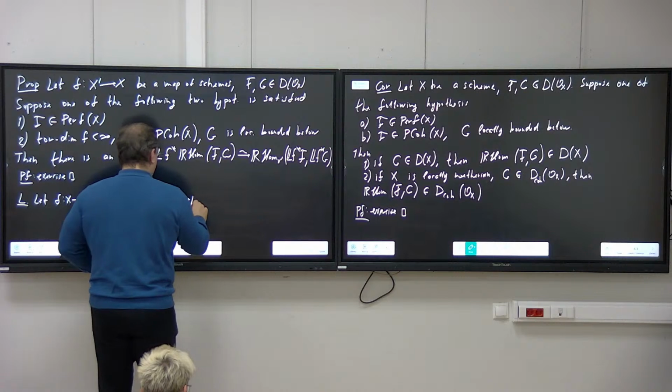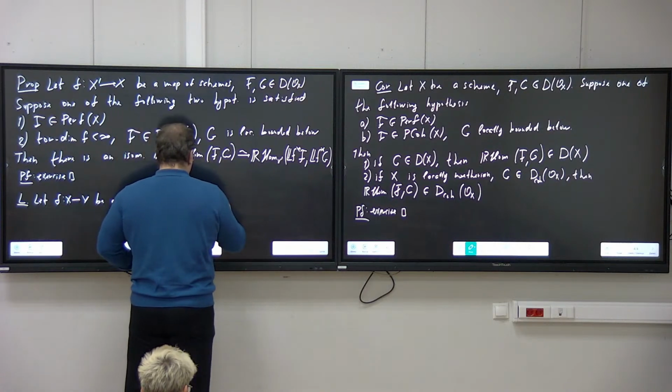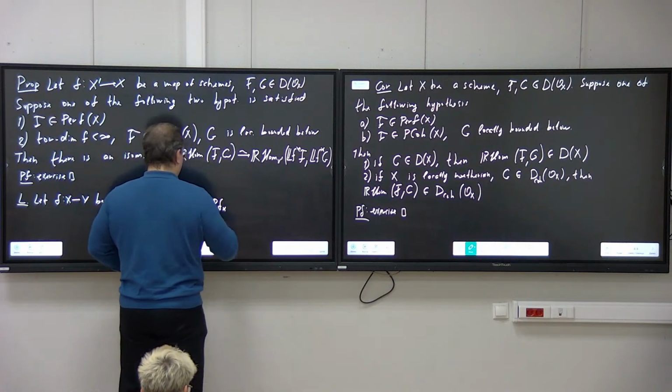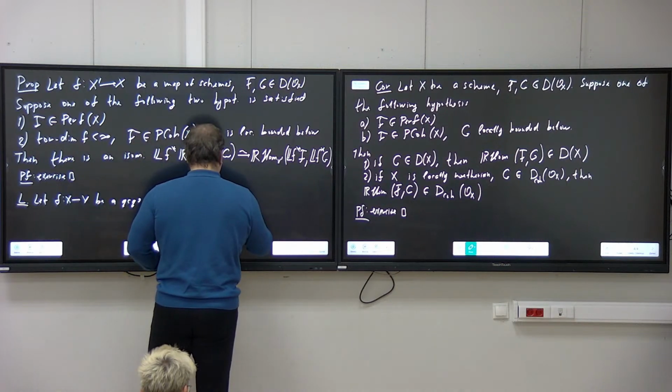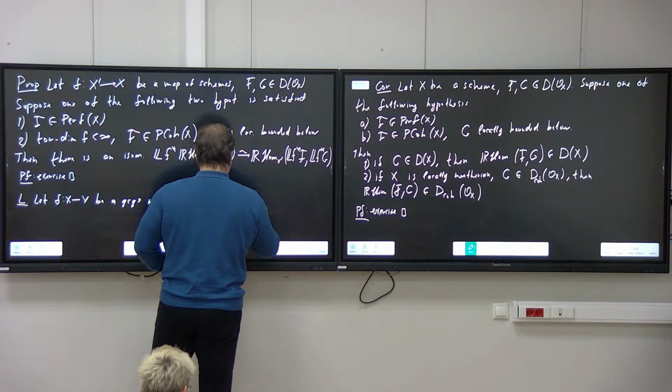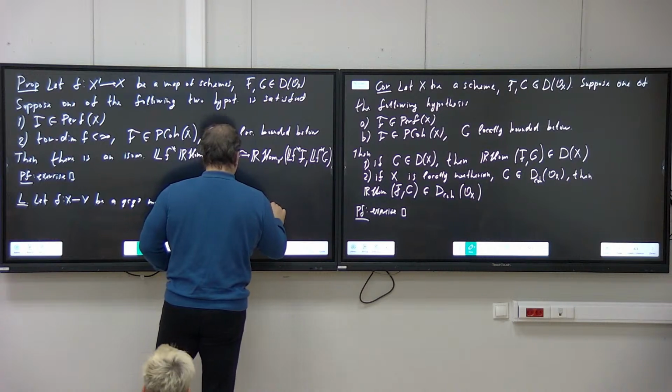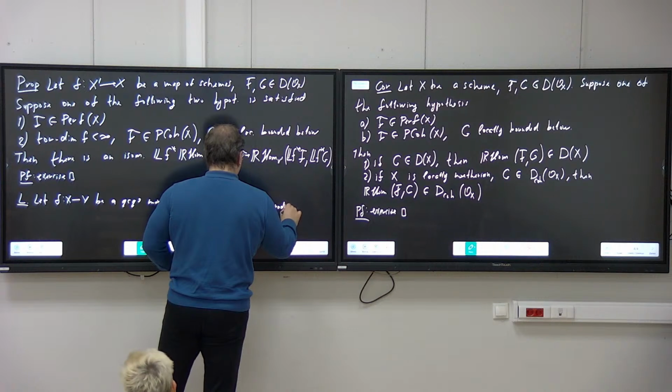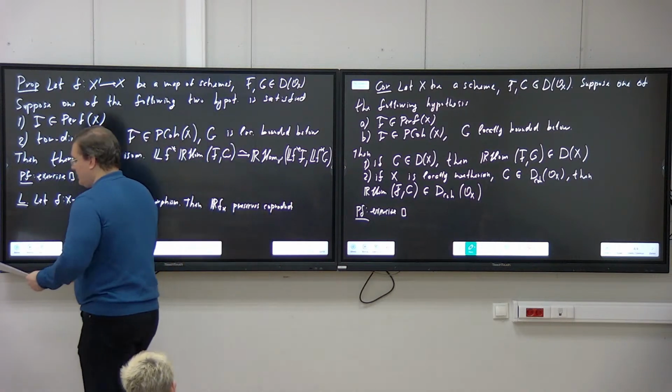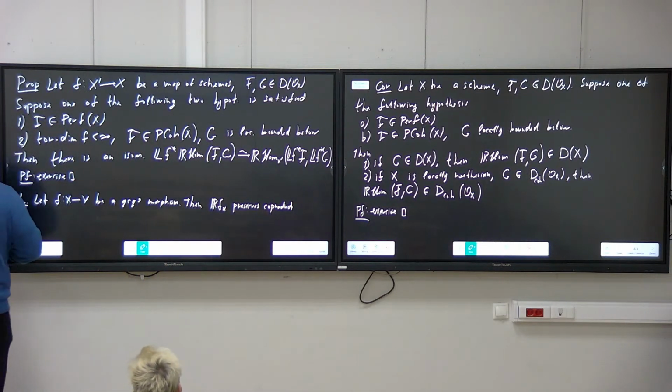Then the derived functor of the pushforward preserves coproducts. In other words, it commutes with direct sums.